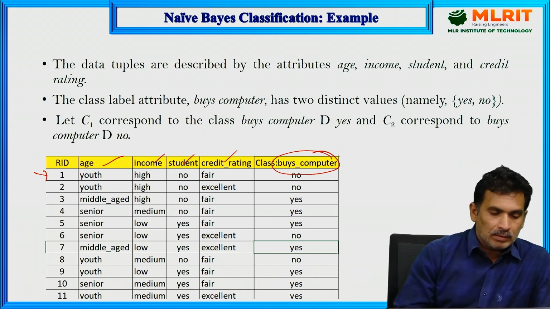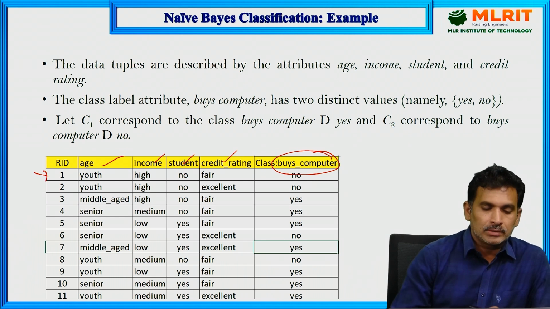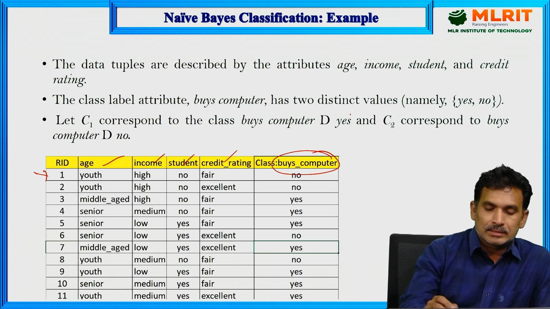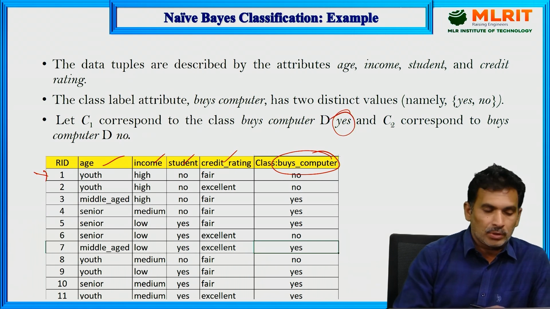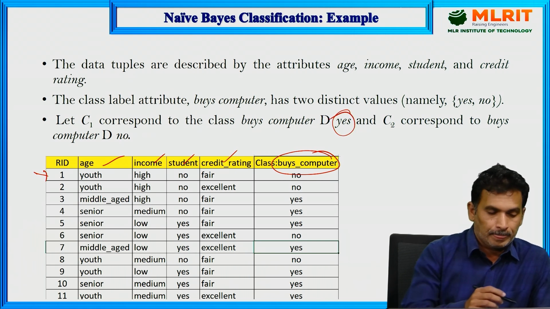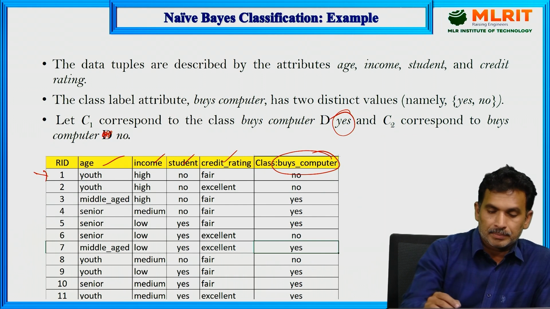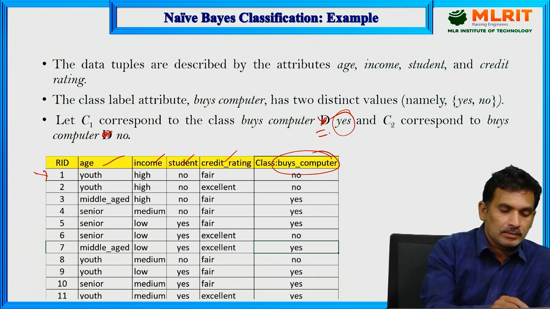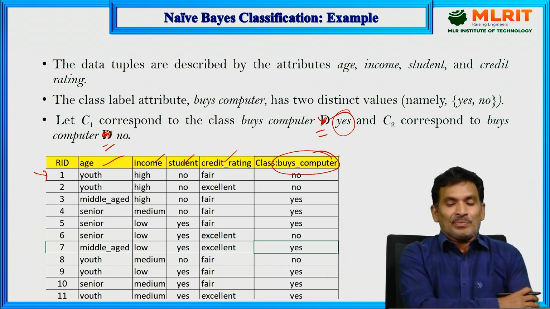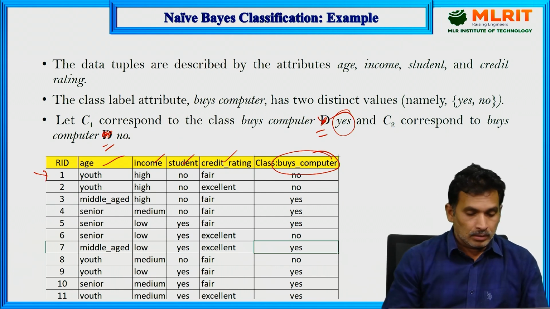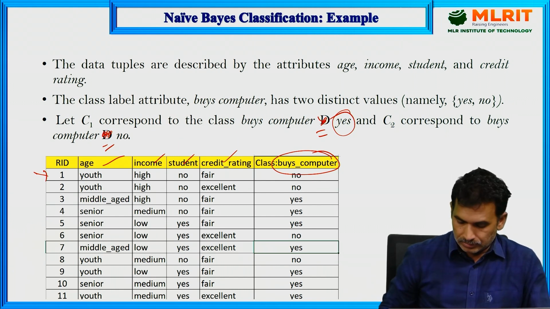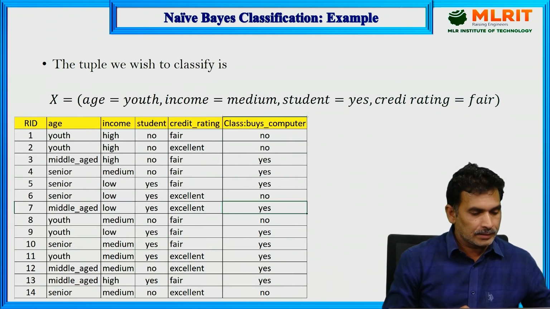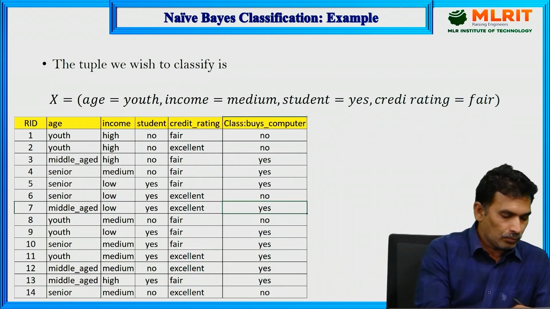So let C1 correspond to the class buys computer equal to yes, and C2 correspond to buys computer equal to no. Let us see the full data set; in this data set we have 14 tuples.